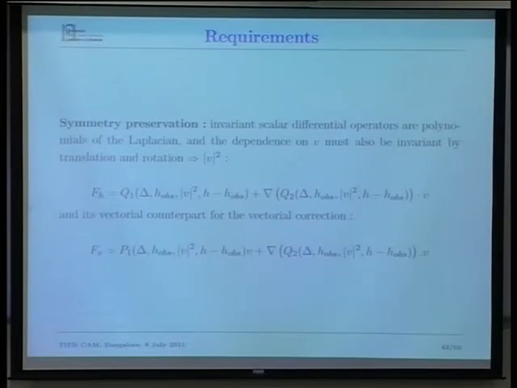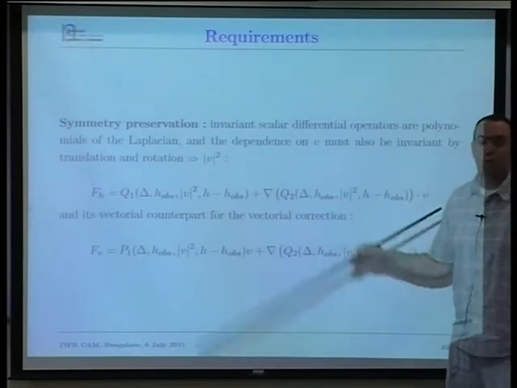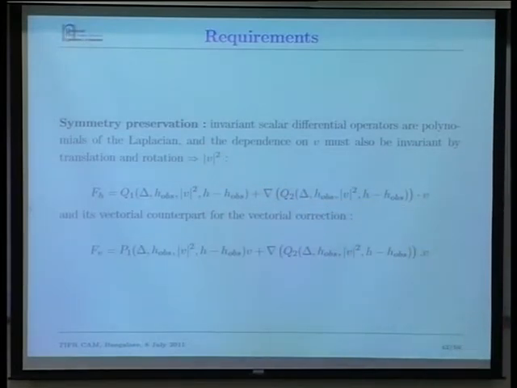So the idea is that it's a very nice result that says that if you look at differential operators in space, and you take only operators that are invariant by translation and rotation, then the only one that is left is the Laplacian. It's the only operator that is invariant by rotation and translation.